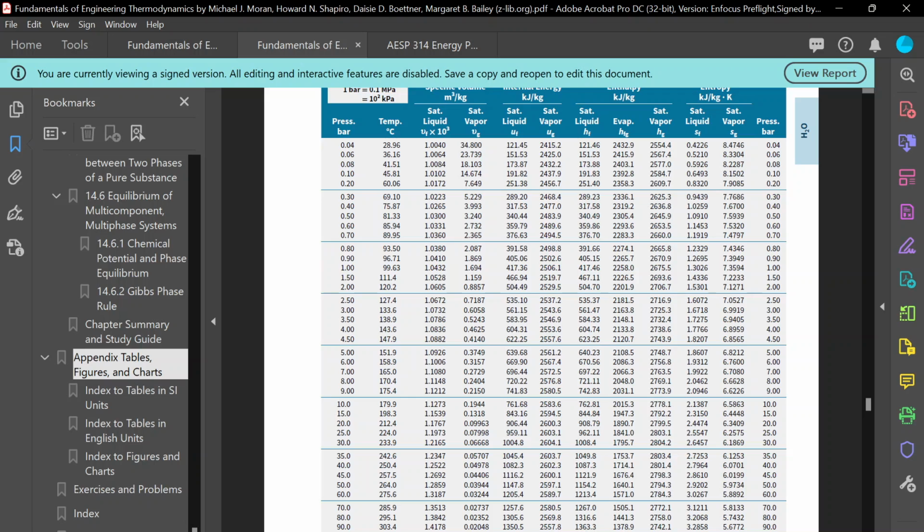Again, we want to record the entropy as well as the enthalpy. But this time we are dealing with saturated vapor, so we are going to record h_g and s_g. What was the pressure? 80 bars, so 8 megapascals.